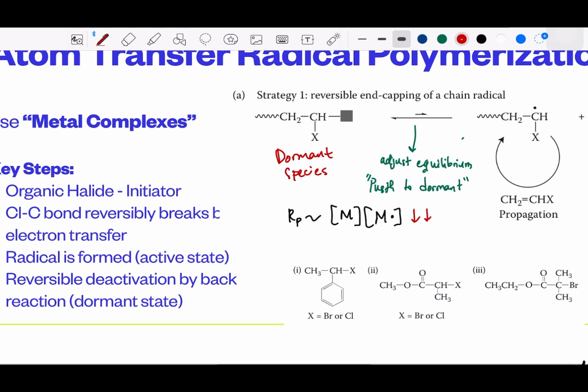And these are some choices for initiator: chlorine or bromine. You can choose halides from those two. We can take this or this.